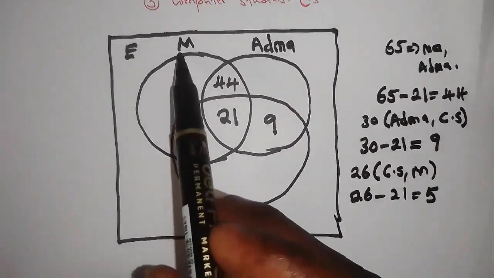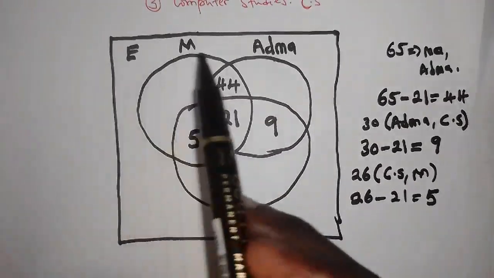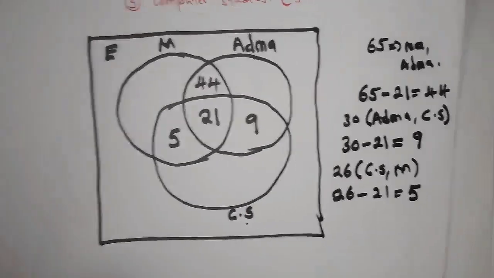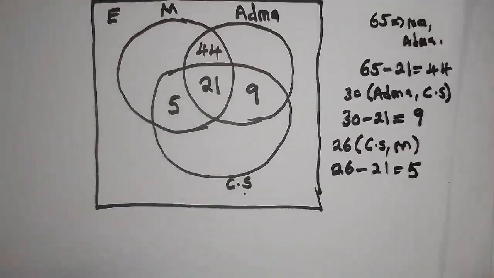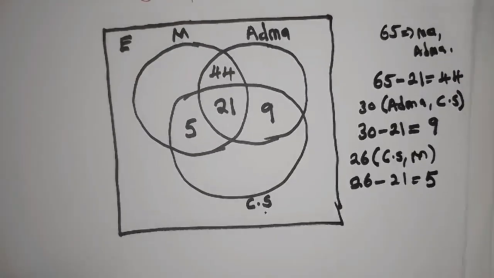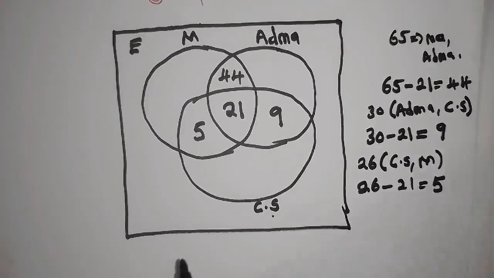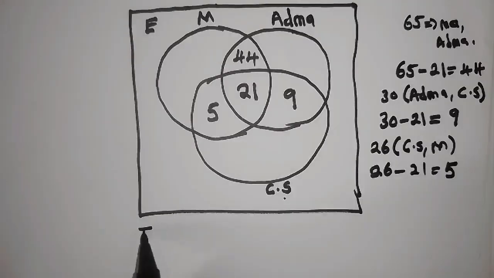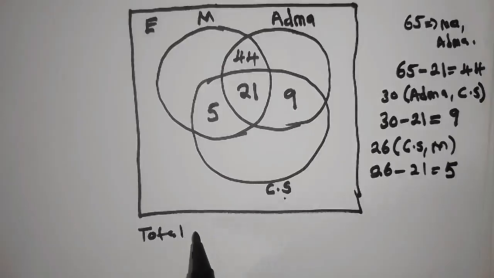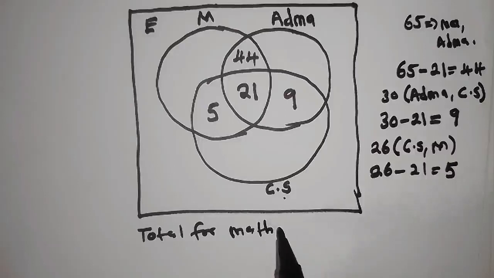So when you look at this circle that is forming mathematics, it should be able to give us 170. So what you do is total for mathematics. So total for math was 170.